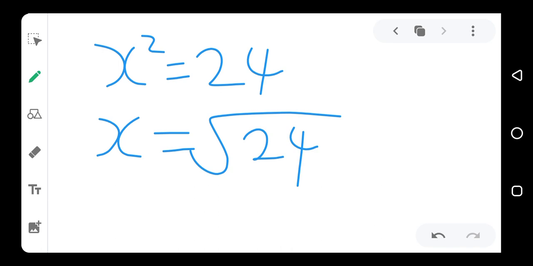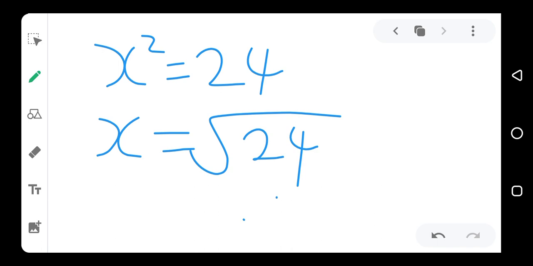For this root, the first thing you have to do is divide by 4. Check whether the value can be divided by 4. You must start with 4, the first perfect square. If 4 cannot divide it without remainder, leave it and go to another perfect square. Check 9. If 9 can divide it without remainder, use it, but if there is a remainder, leave 9. Go to 16, another perfect square.